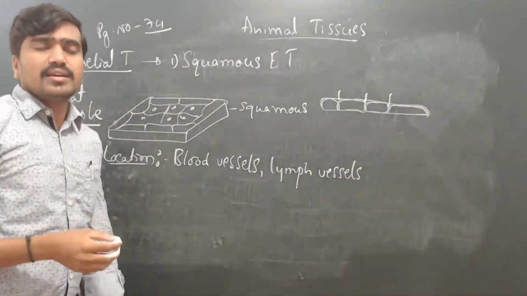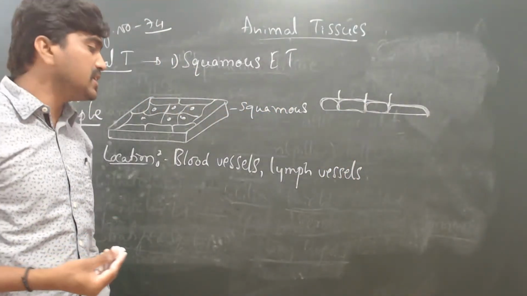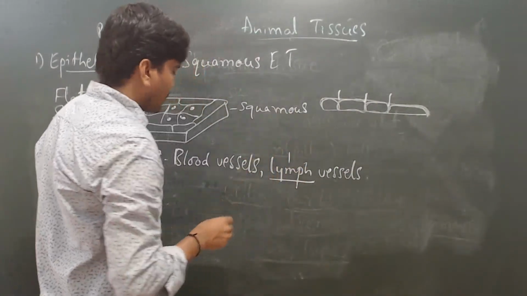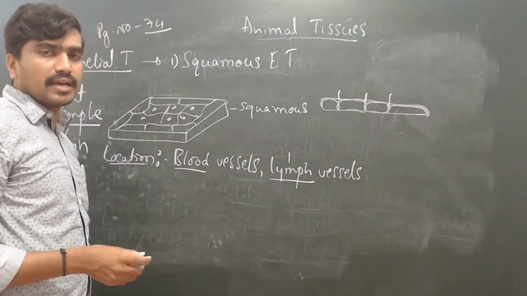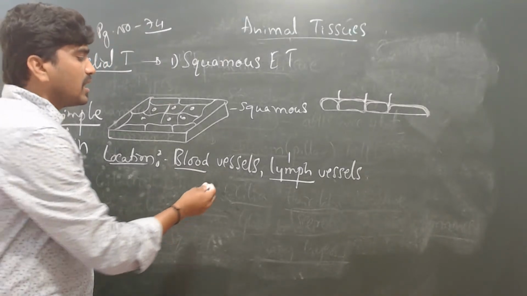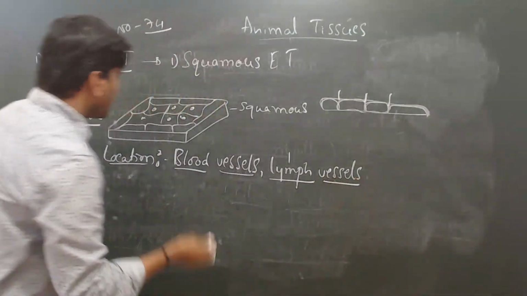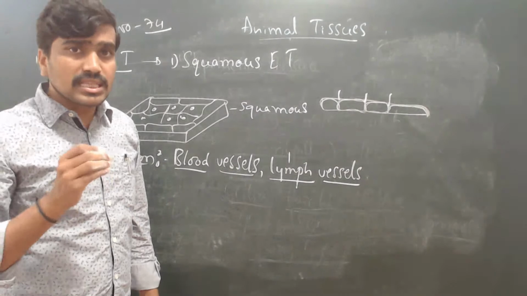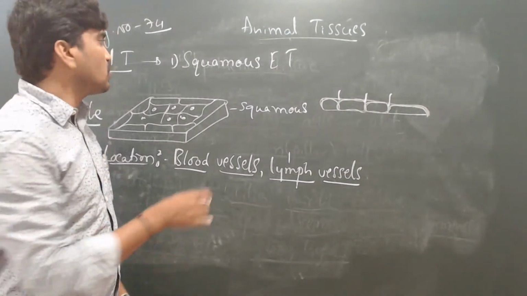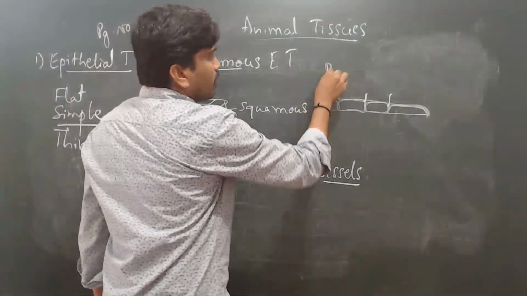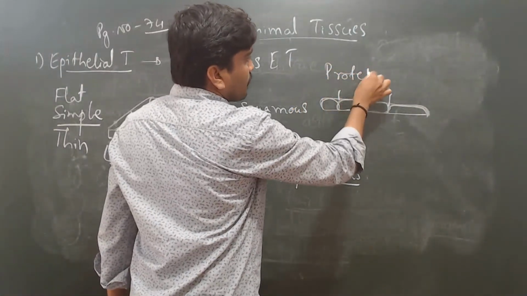Like blood, in our body another fluid substance is there that we call lymph. It is colorless, okay? Blood is red in color. Both are transported with the help of vessels. These vessels are mainly made by flat, thin tissue. Which one? Squamous. The main function: protection.